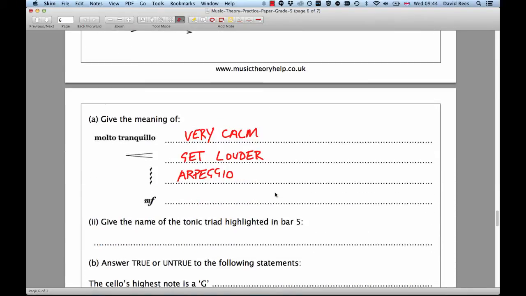So I would say that's quite an important moment, and the MF dynamic means that we are to play mezzo forte, which means moderately loud.